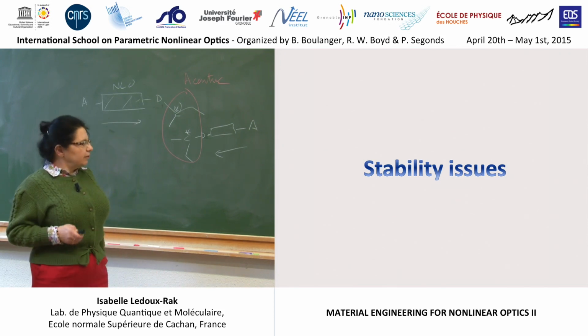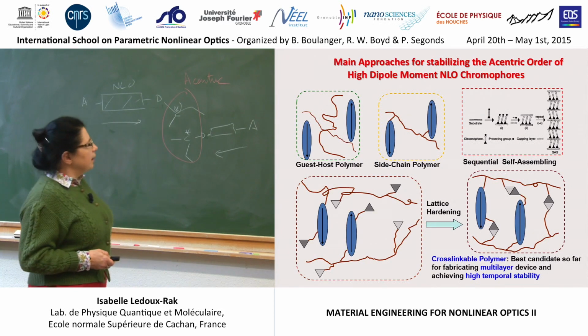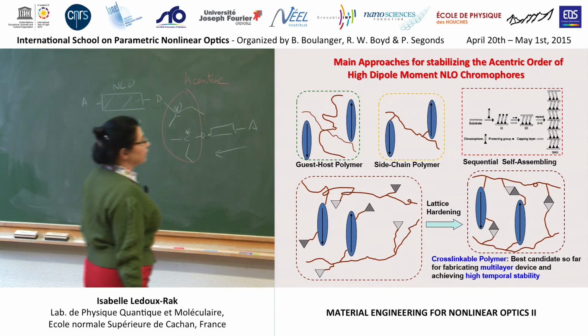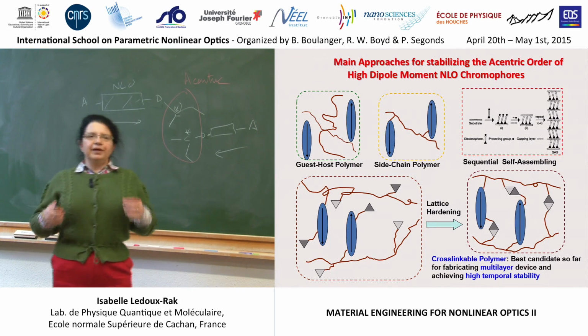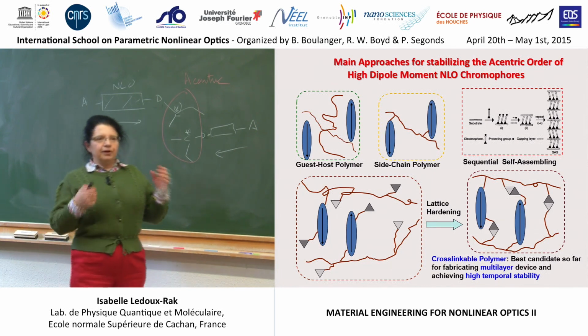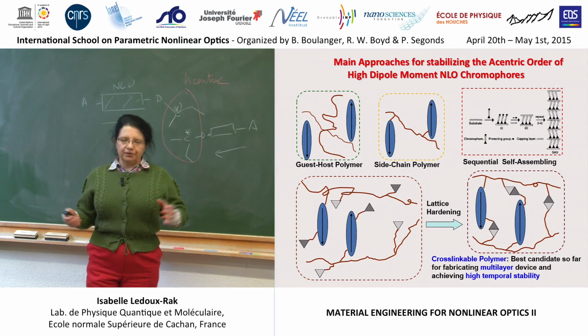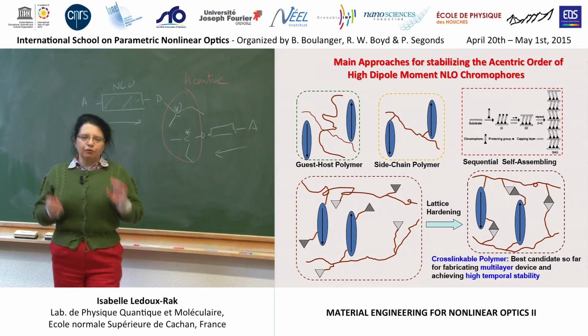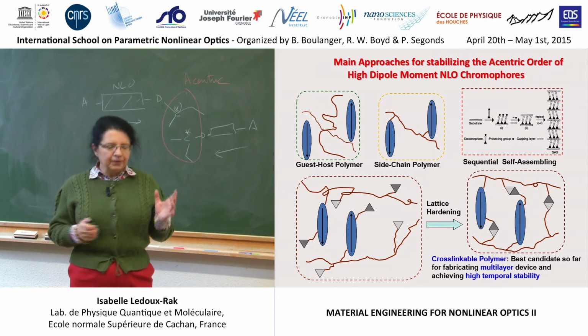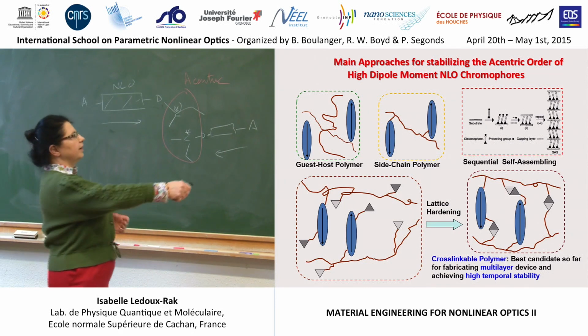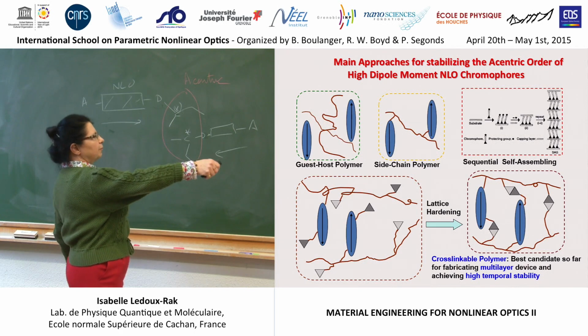So the stability has really been a problem. The first point is the orientational stability. Because in the scheme I showed you about poling, after poling you cool down the matrix and the matrix becomes rigid, so molecules should remain quietly in the orientation assigned to them. This is not true, especially if molecules are not attached to the polymer.